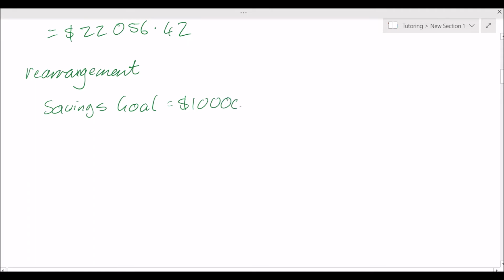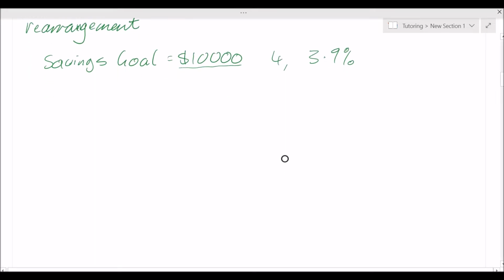So you want to get to $10,000 in 4 years' time with that same percentage as before. The question might be, if I want to get to $10,000 in the future, how much do I need to put in each month? In that case, you can rearrange the formula like this.